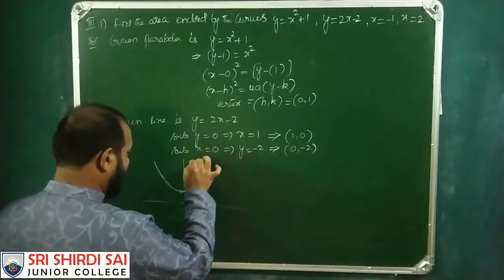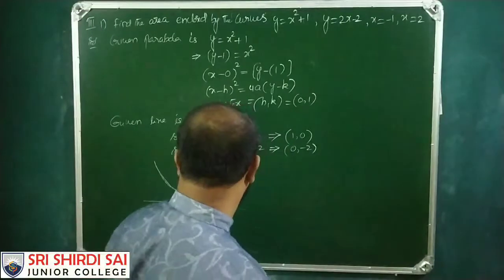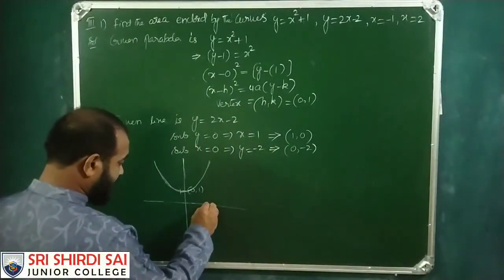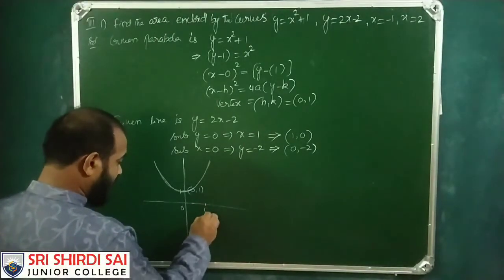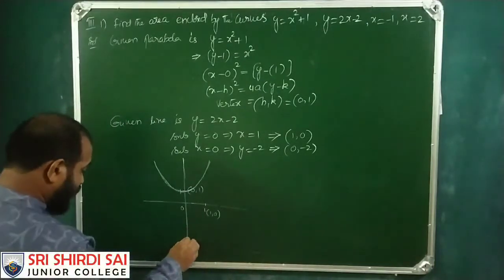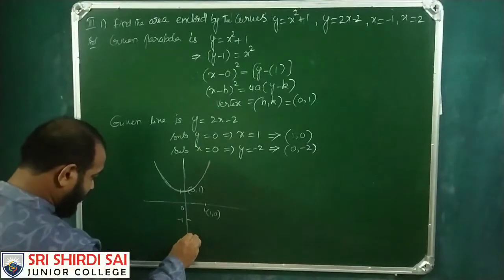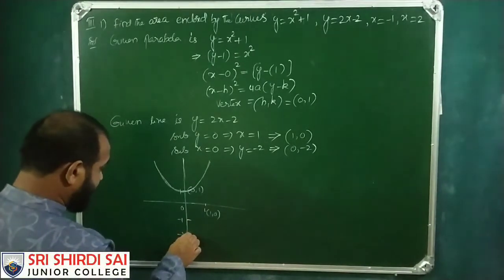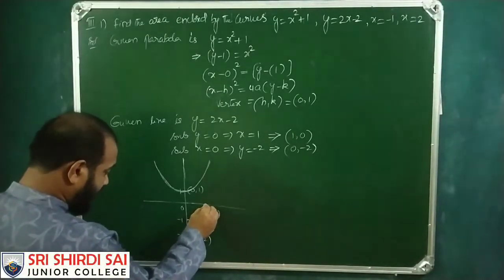Next, y equals 2x minus 2. So this is 1 comma 0. So this is 0, this is 1. So this is 1 comma 0 and 0 comma minus 2. So this is minus 1 and this is minus 2. So here 0 comma minus 2 is this. That means this is a straight line.